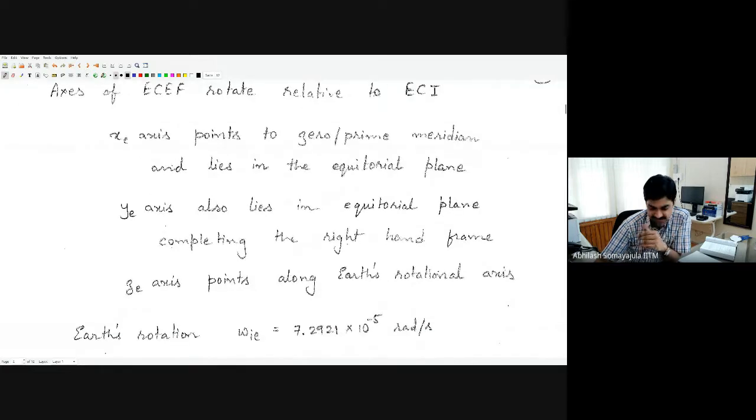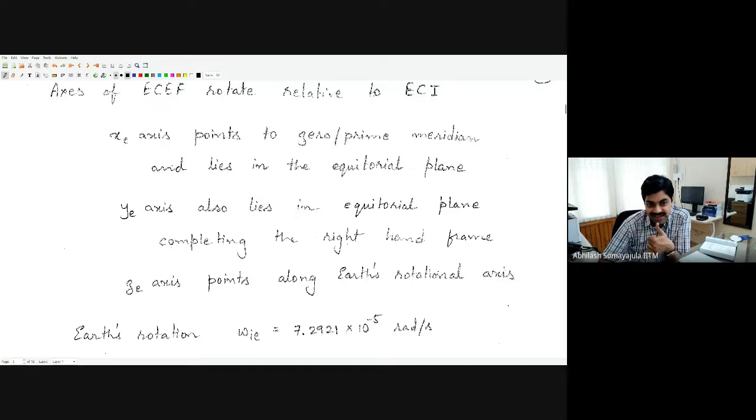So here there is some convention. We assume that the XE axis, which corresponds to the x-axis of the Earth-centered Earth-fixed frame, points to the zero or prime meridian and lies in the equatorial plane. So it lies on the equatorial plane and is pointing to zero longitude, the place where the Greenwich laboratory is located.